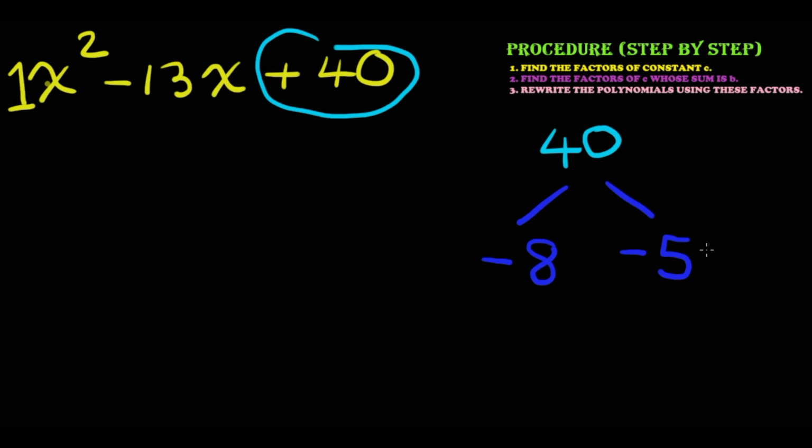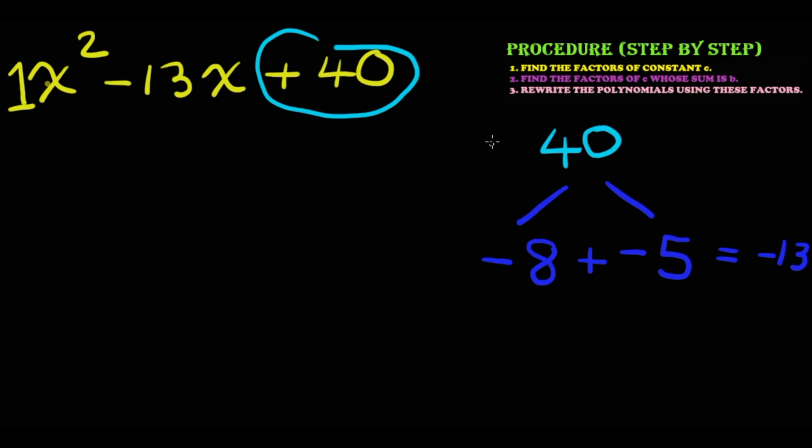Negative 8 times negative 5 is positive 40. What about negative 8 plus negative 5? Well, that's going to give you negative 13. Okay, so yeah, it's perfect. So that's what we need. So the two numbers, the two factors, are negative 8 and negative 5.